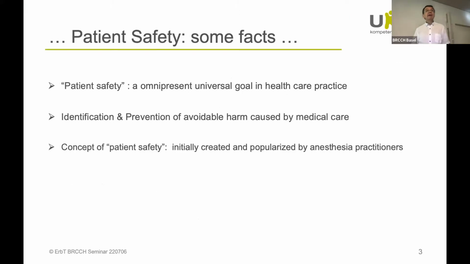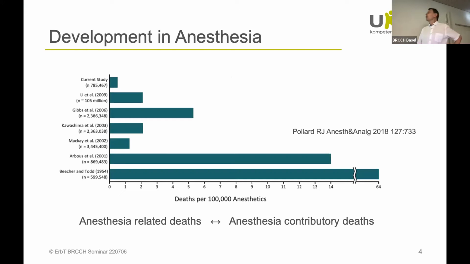As you know, patient safety has received quite a lot of attention in the recent past, and it's defined by identification and prevention of avoidable harm that is caused by medical care. Now, anesthesiologists have been at the forefront of this movement because they caused a lot of harm, at least in the past.